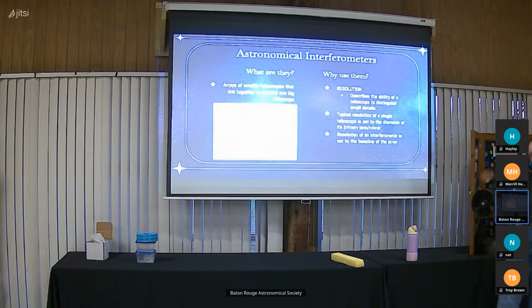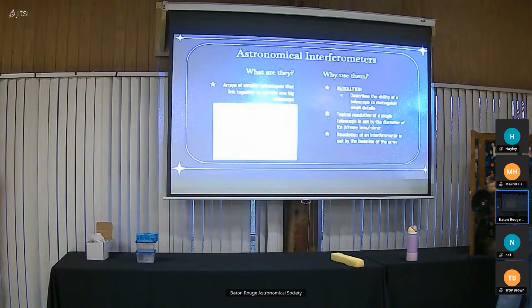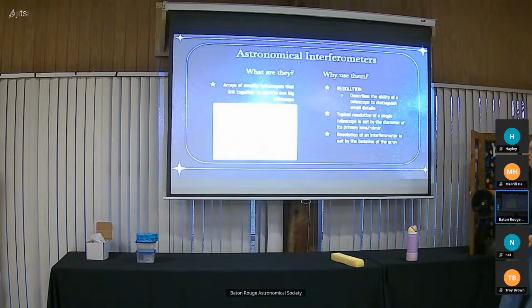And that is with 6 telescopes, 6 1-meter telescopes, so relatively small telescopes, but with its maximum baseline, it has the same resolving capabilities as a telescope the size of a mountain. Like, that is insane. And so that means you get some really, really crazy resolution. Interferometry is just insanely powerful because of that.